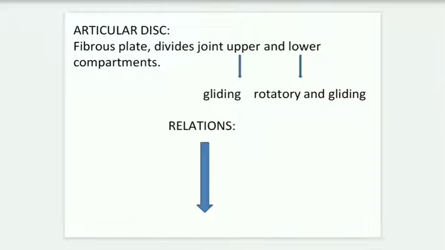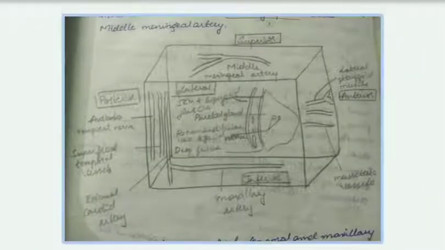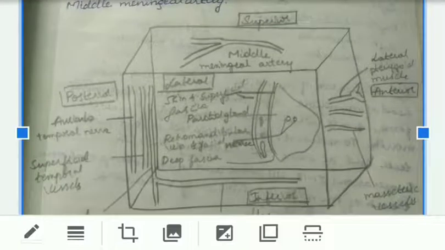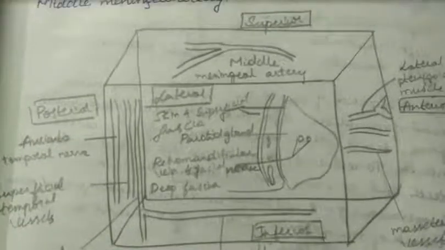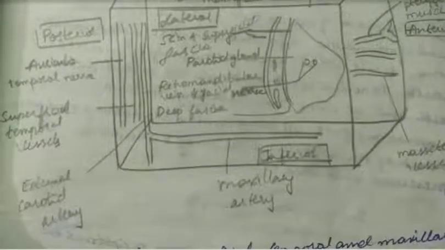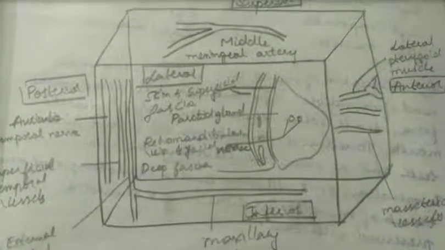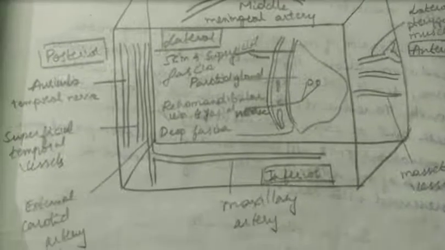Coming into its relations, in this picture you can see superiorly the middle meningeal artery, inferiorly the maxillary artery, and anteriorly the lateral pterygoid muscle and masseter muscle.